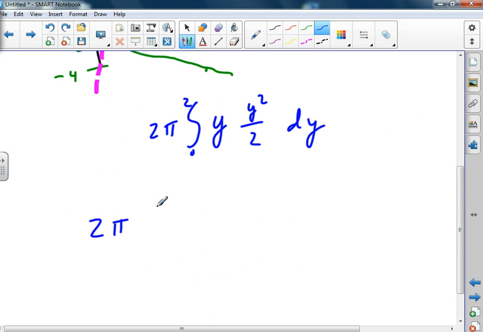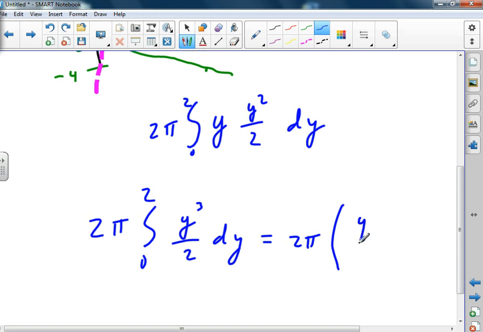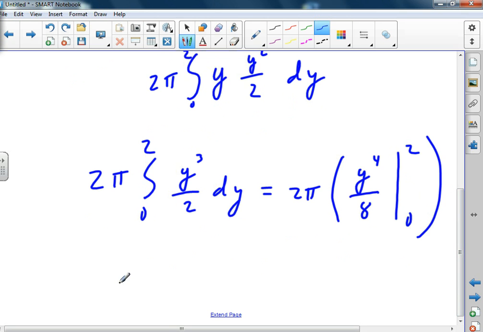2 pi integral 0 to 2 y cubed over 2 dy. 2 pi y to the 4th over 8, evaluated at 0 and 2. 2 pi, 2 to the 4th is 16, that's a 2.